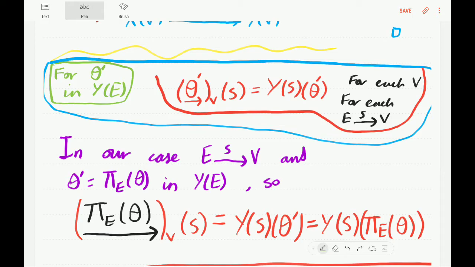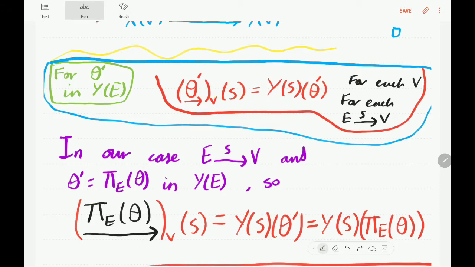It's just the same thing we've already seen, just with a Y in front instead of an X. So in this case, when we have an element theta dash of Y of E, the natural transformation corresponding to that is going to be theta dash under arrow, and the V component of that is going to be such that if it's operating on an element s of Hom(E, V), then the result's going to be Y of s of theta dash.